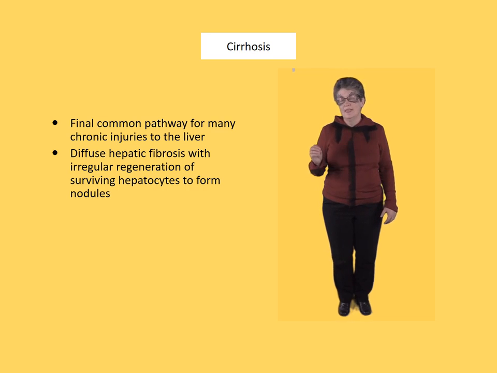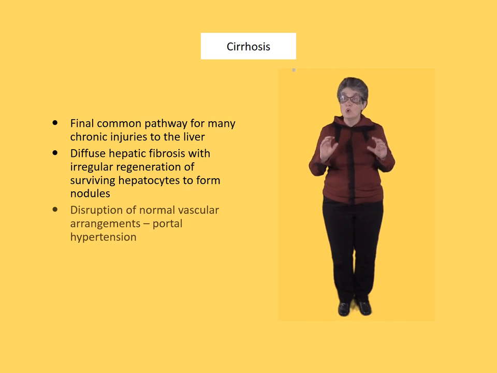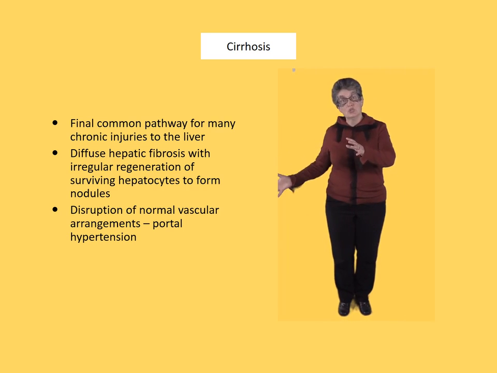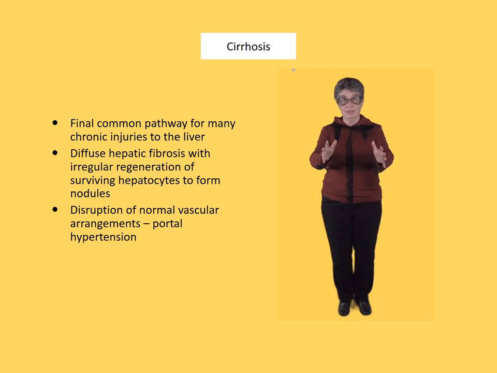We all know that cirrhosis has secondary effects, particularly portal hypertension. And portal hypertension arises because all this regeneration and fibrosis disrupts the normal vascular arrangements, meaning that blood can no longer flow easily through the liver.